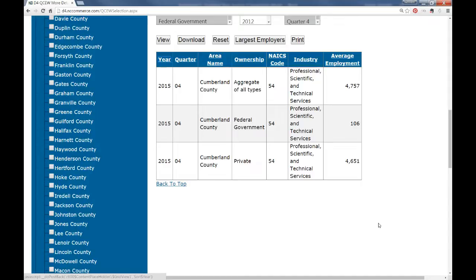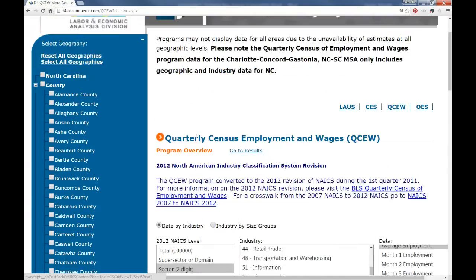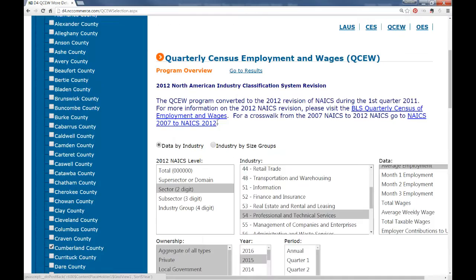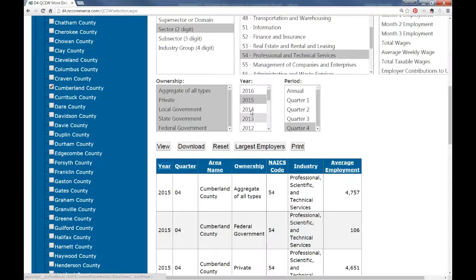If you want to see that for your given county, the way to do that is to use the quarterly census of employment and wages report, because that information is there, where it can look at a sector and then look at the ownership of those jobs. It's either private, local, state, or federal government, and give you that information. If you want to see it again, you need to use 2015 quarter 4 for your measure.